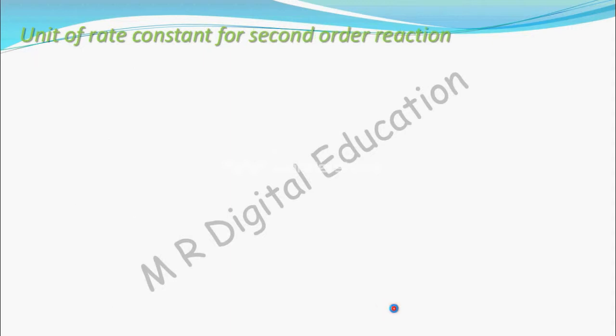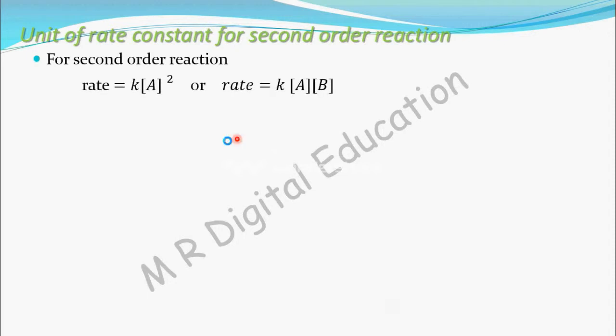Let's see what will be the unit of rate constant for second order reaction. For second order reaction, we can write rate law as rate equal to K, that is rate constant, into concentration of A to the power 2. Or you can write rate equal to K into concentration of A into concentration of B. See, its order is also 2.